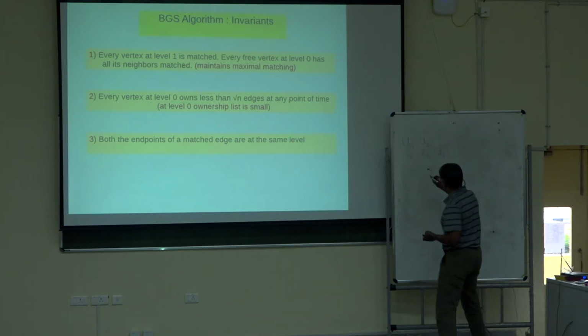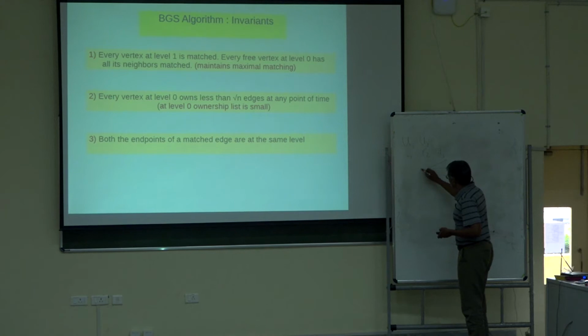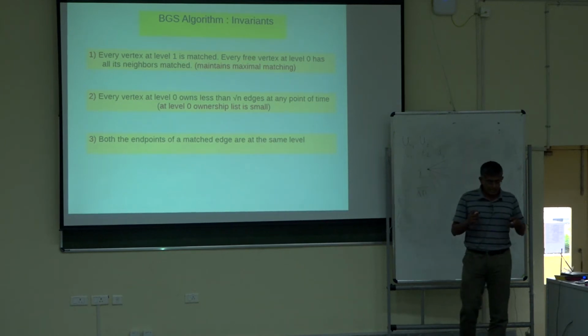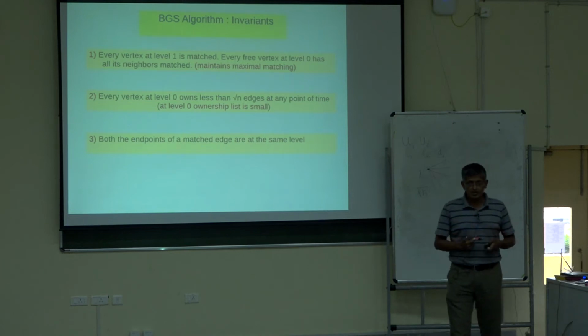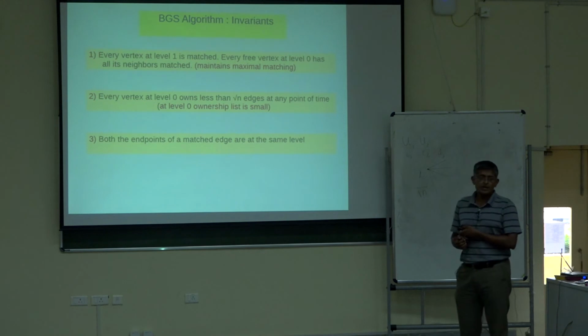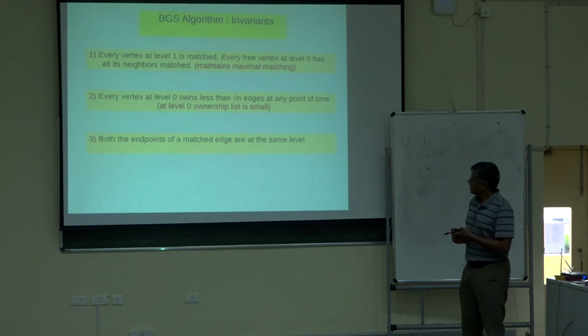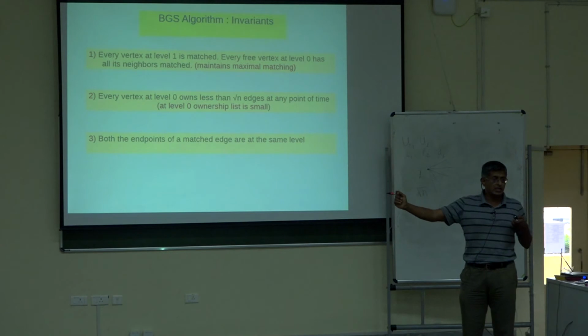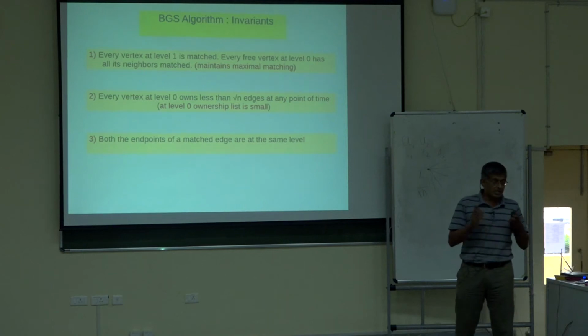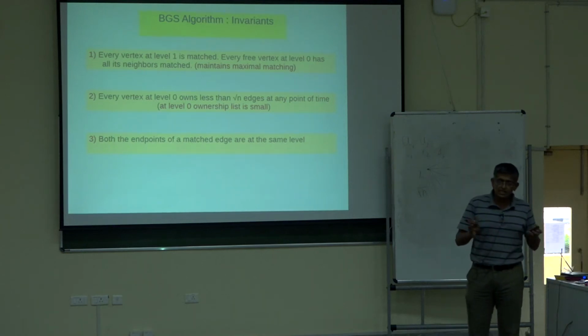Let me call this vertex X. X has high ownership, which is root n, and it's moving to level 1, and it has to choose its partner. But what we want to ensure is that it should choose a partner so that it remains matched to this partner in spite of all these updates that keep happening for as long as possible. That's the goal. That way, in our adversarial analysis, we will have a handle.